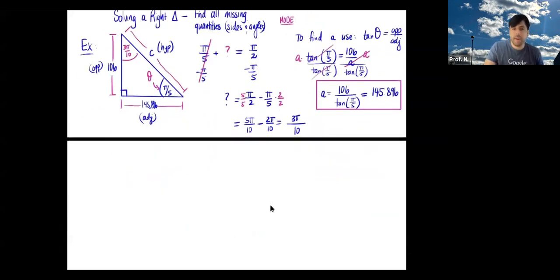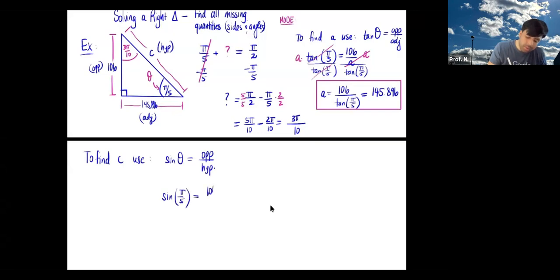Now, how do I find the hypotenuse knowing the opposite side? To find C, use sine of theta, because I know the opposite over the hypotenuse. The sine of pi over 5 equals 106 over the C value, which is unknown.